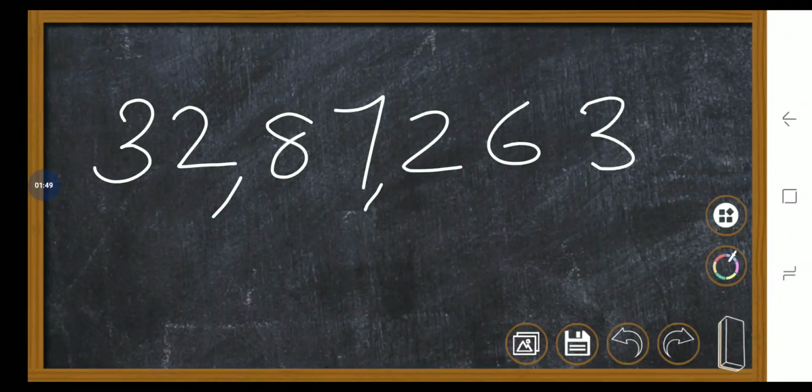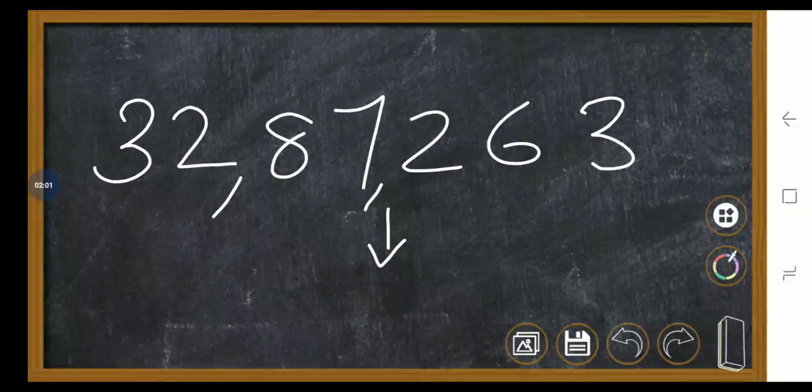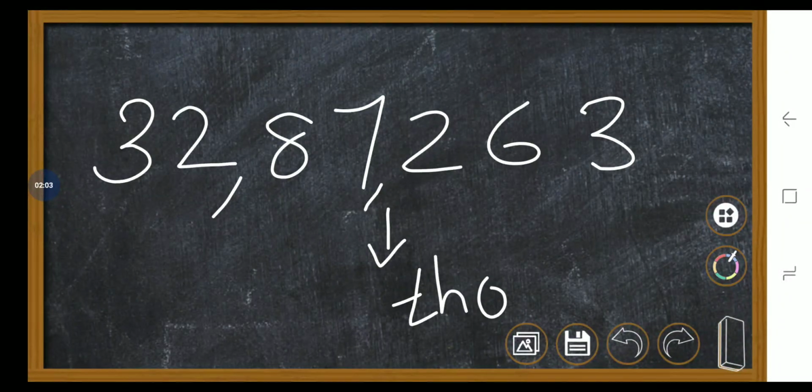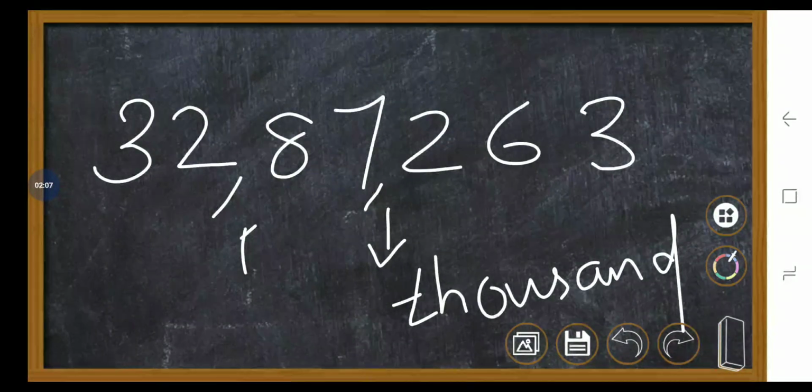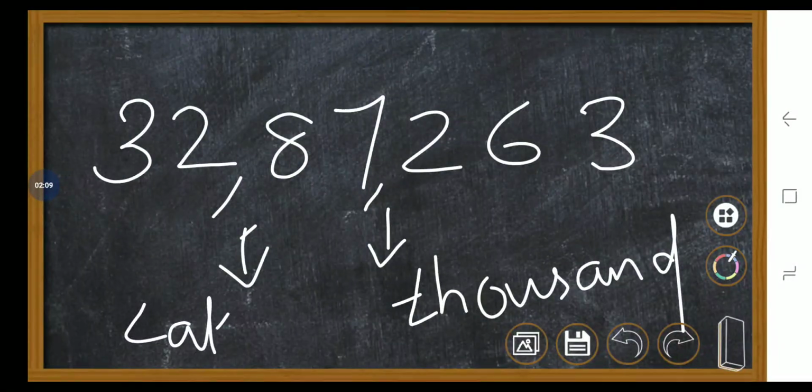Here we divide the number into periods: the first period is ones, the second is thousands, and the third is lakh. When you reach this comma, you say thousand. When you reach this comma, you say lakh.